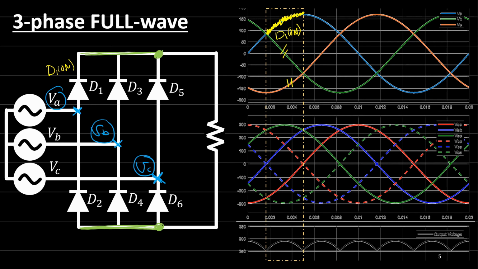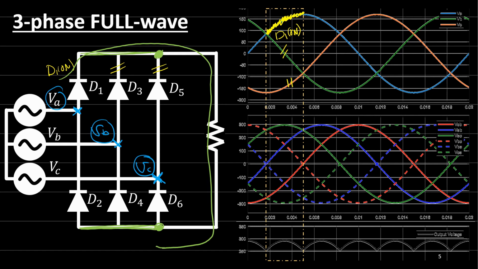So the waveform will go, and this one will be open circuit, will be off. The voltage will go to the load and come back to the negative side, to these three diodes.